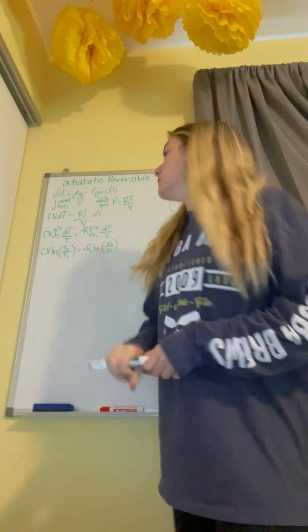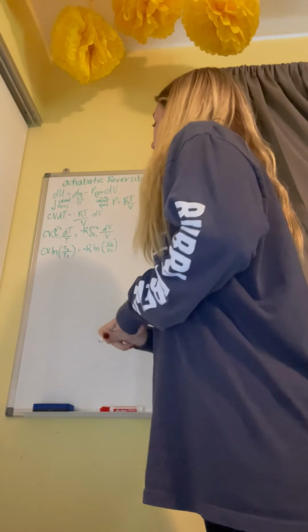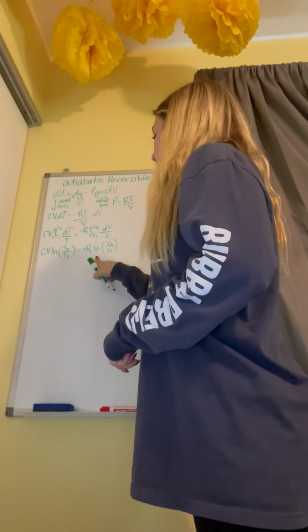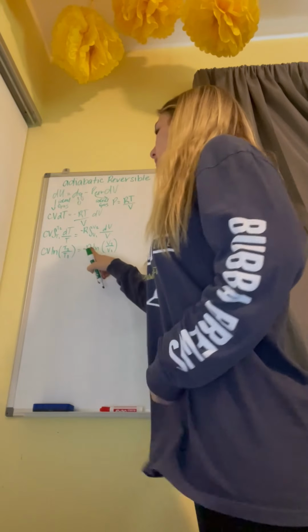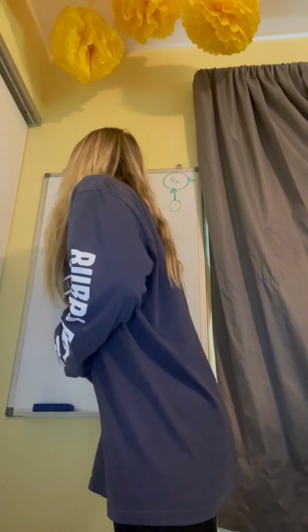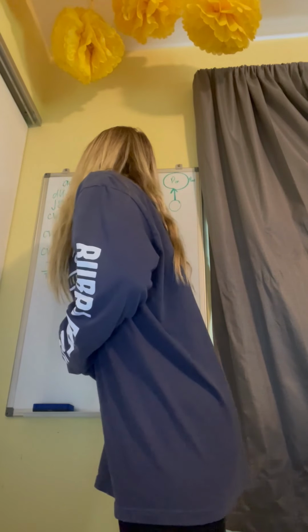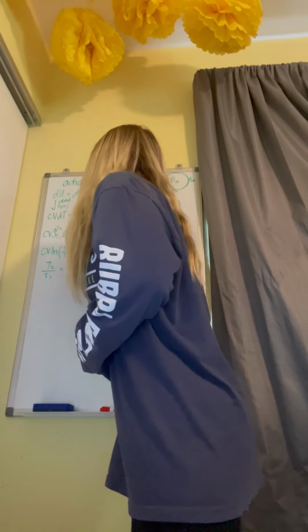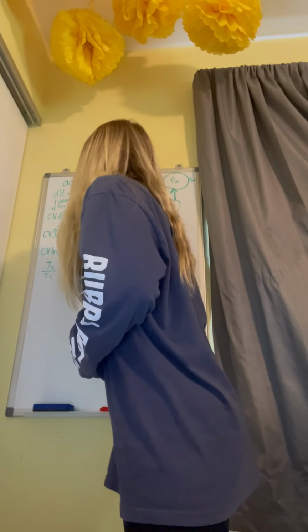So now we can divide by this CV, and in terms of natural logs, we can put it in the numerator, meaning we will have T2 divided by T1 is equal to V2 divided by V1 to the power of negative R divided by CV.